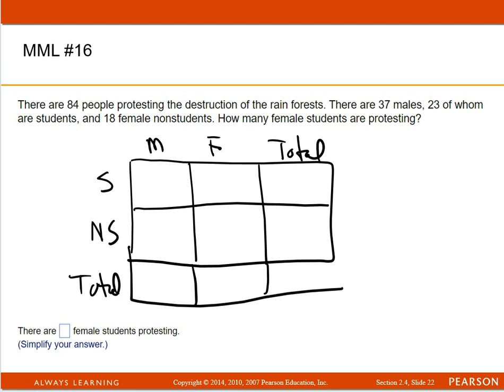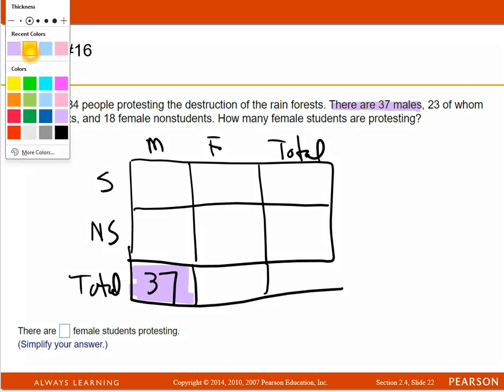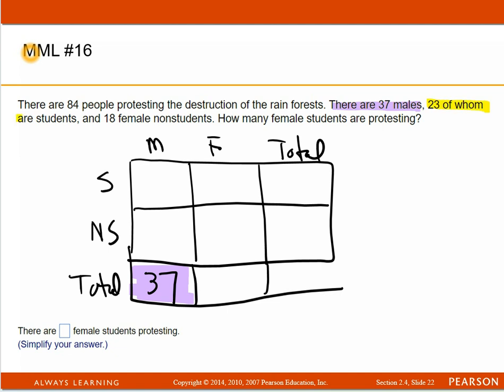Okay, so let's see. There are 37 males, so the total of the males would be here. That's 37 males. And 23 of whom are students. So I need 23 right here.